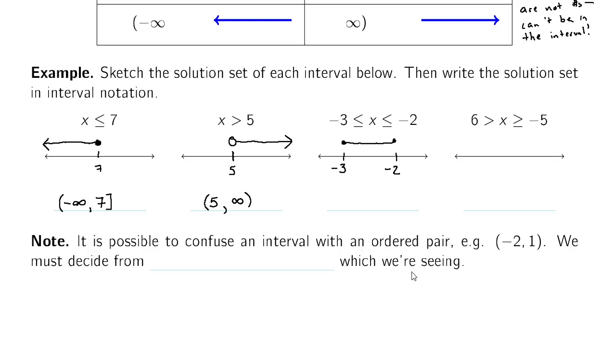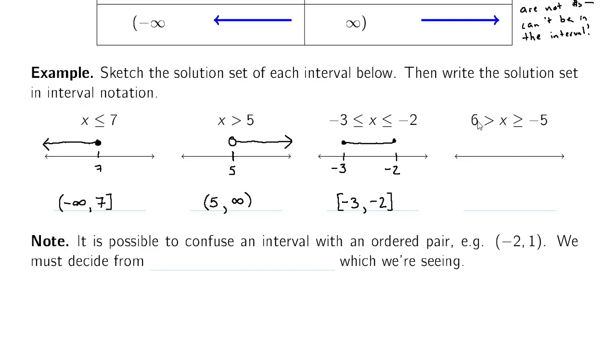And then we fill in between. Our left end, we have the number negative 3 with a filled in dot, so a square bracket. And then our right end, we have the number negative 2 with a filled in dot, so a square bracket.